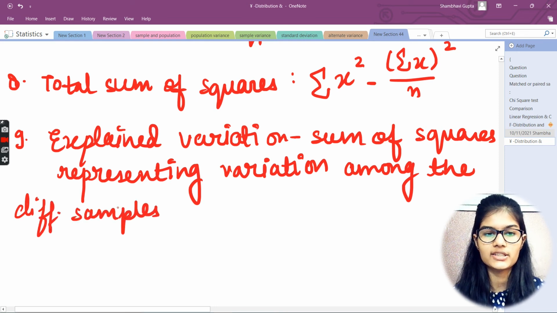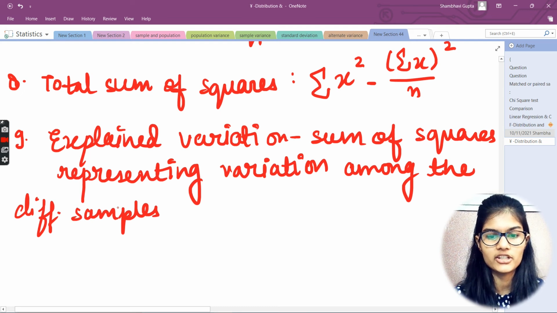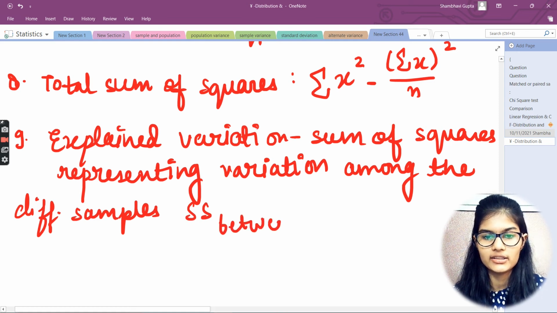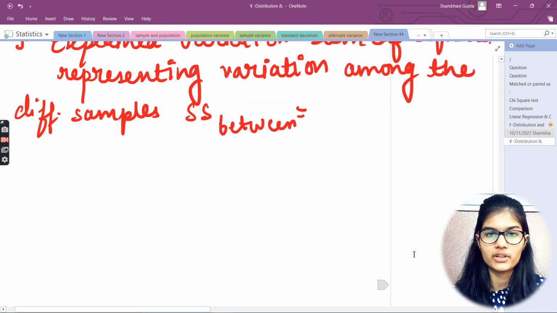So that's completely the explained variation, and we could say that as SS between. SS between is equal to, let me get down from here so that I could get some space for writing.